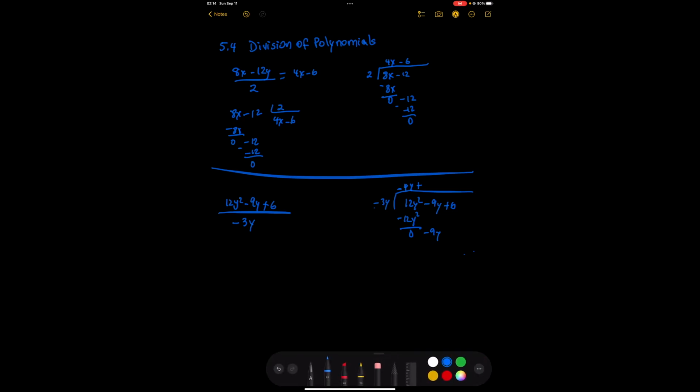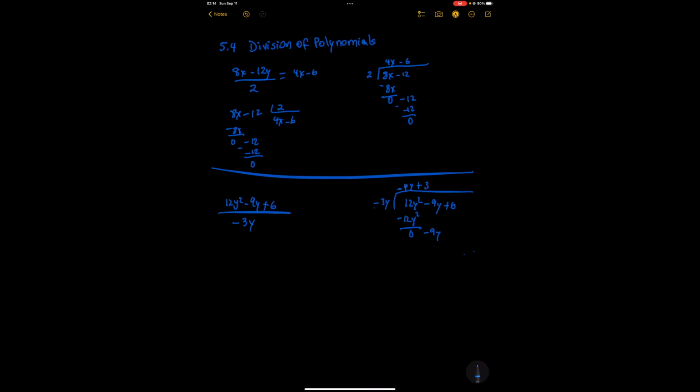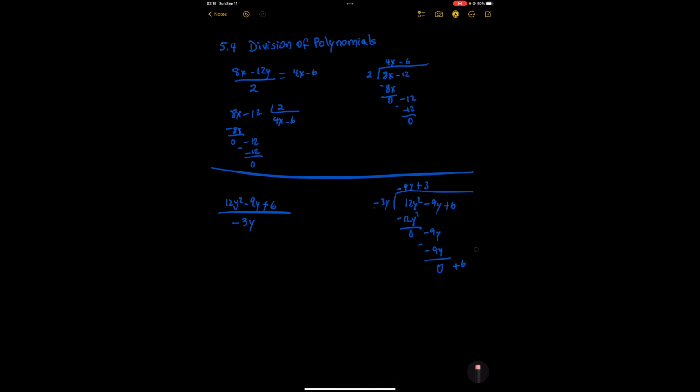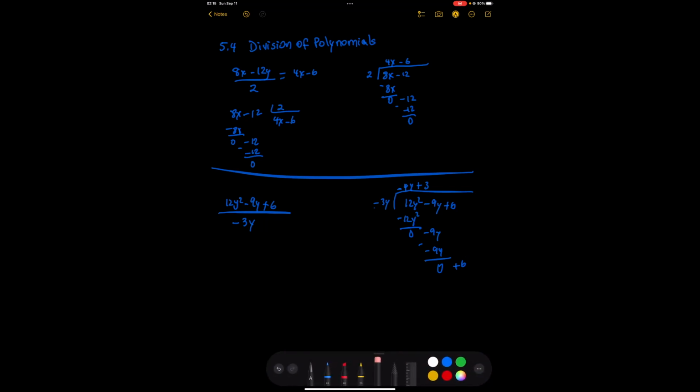So positive 3. 3 times negative 3y will be equal to negative 9y. And you subtract them, negative 9 minus a negative 9 will be 0. Bring down the 6. Now, what would we get for the 6 part? Well, we cannot get anything.